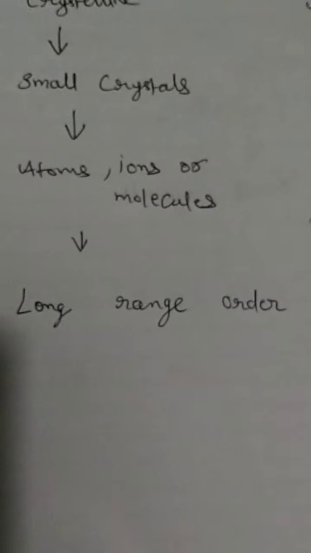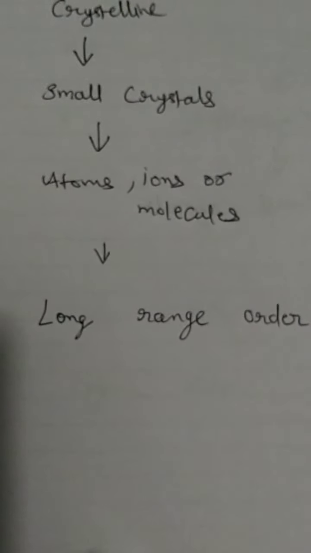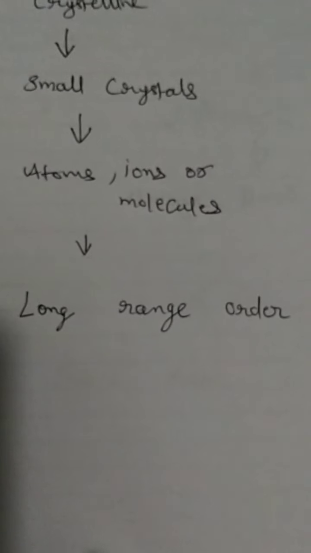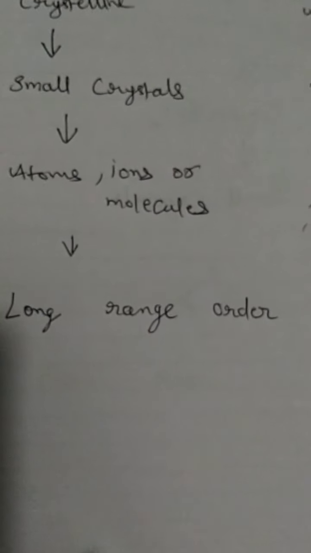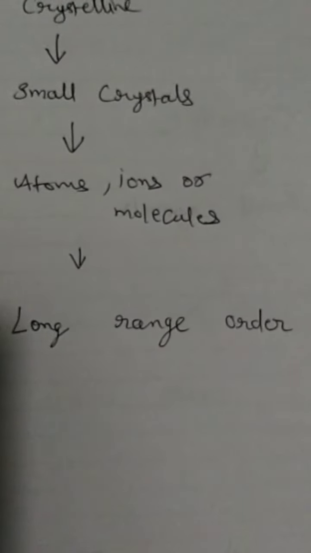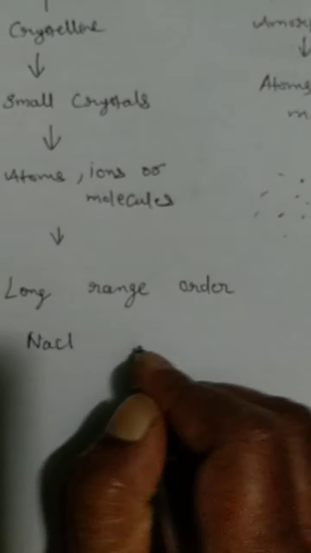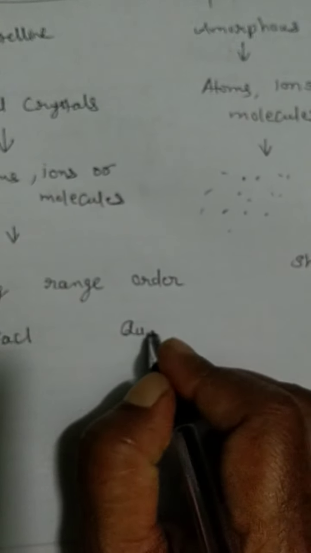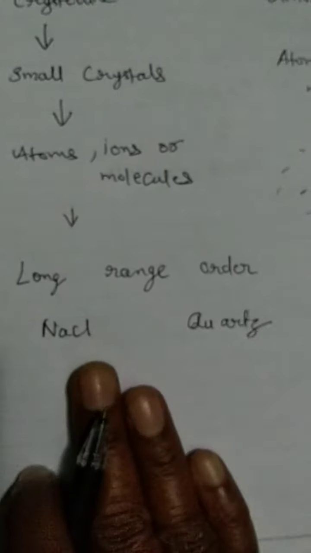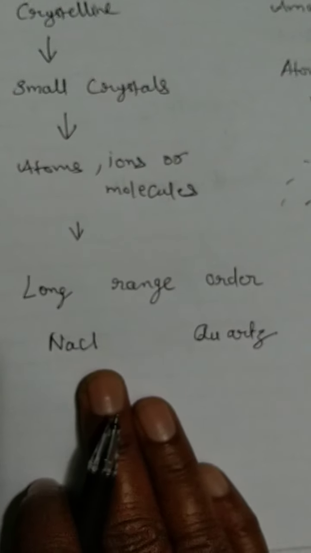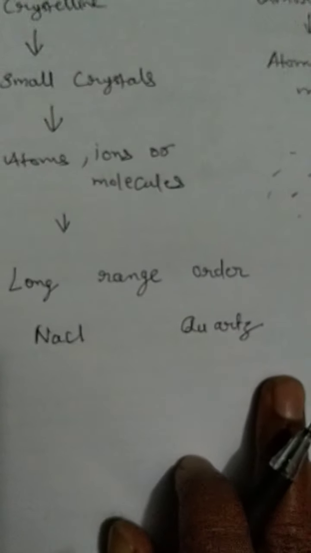So we can say that crystalline solids have long range order, which means that there is a regular pattern of arrangement of particles which repeats itself periodically over the entire crystal. Sodium chloride and quartz are such examples. Sodium chloride is one of the crystalline compounds. Quartz is also one of the crystalline compounds.